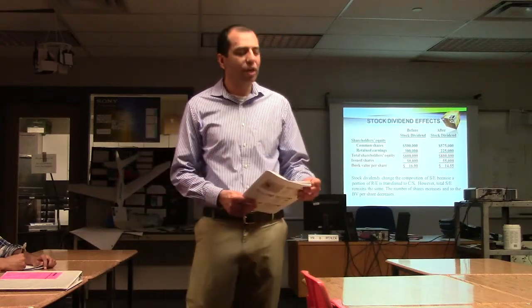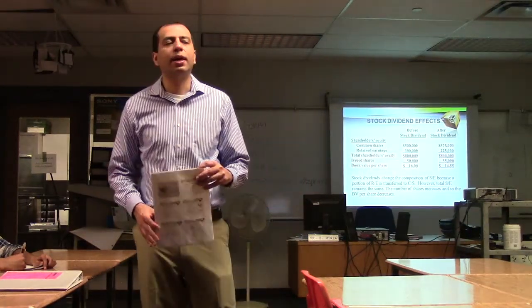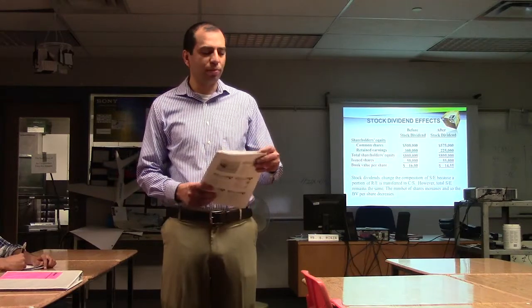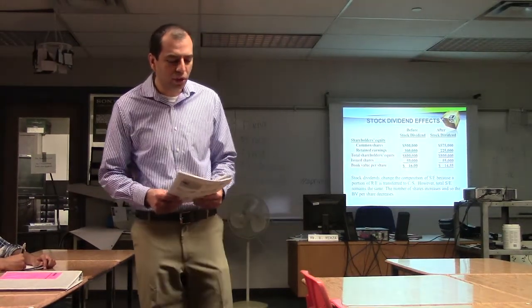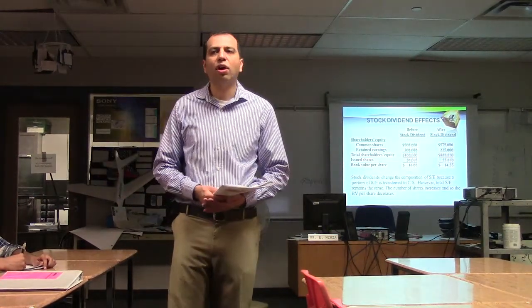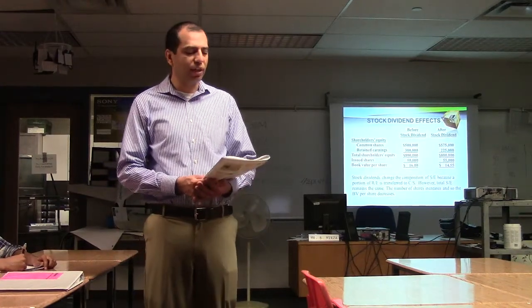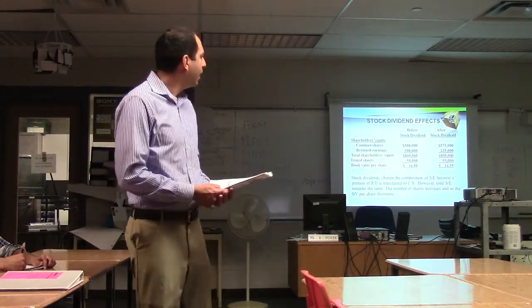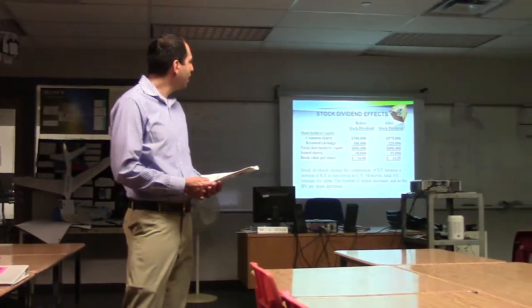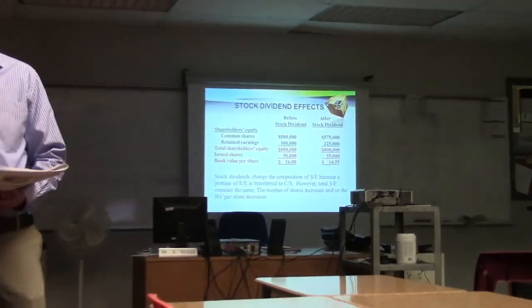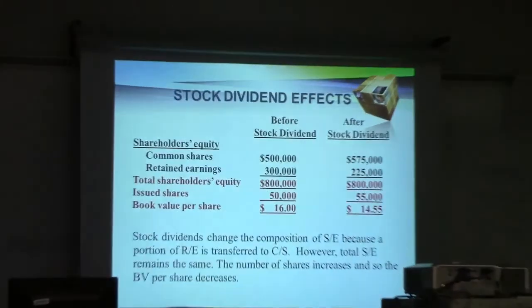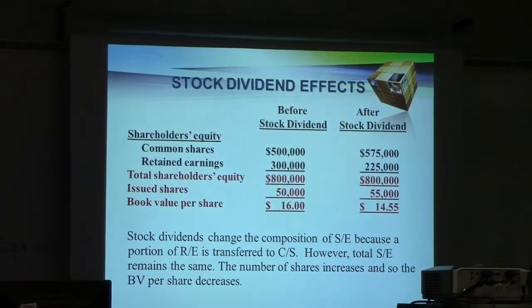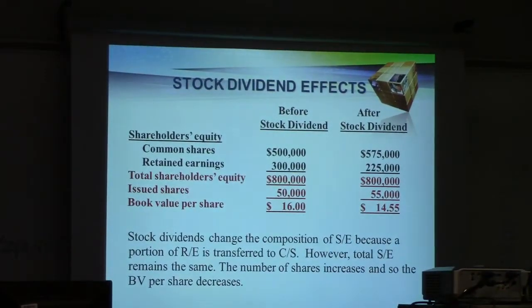So we're going to continue our discussion on dividends and moving on from stock dividend journal entries. You can see that the stock dividends have certain effect on the shareholders equity section. You can see that the common shares, the value before stock dividends were declared is $500,000 in this example, and the value after they were declared is $575,000.